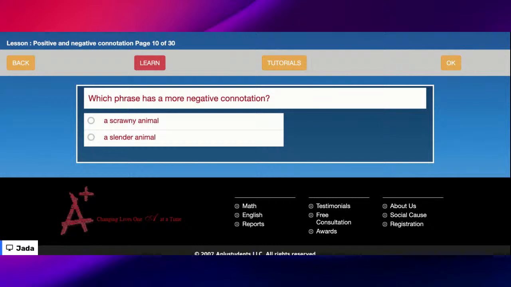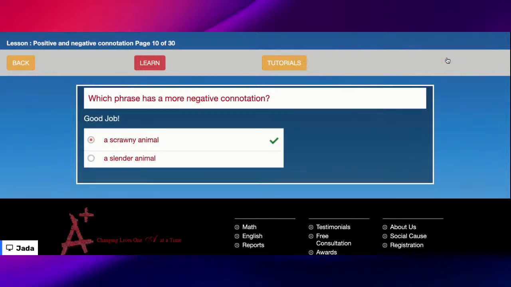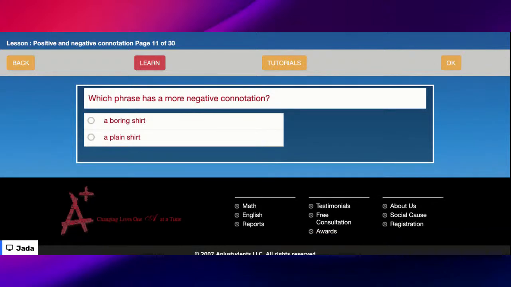So which is more negative, guys? Which one here? So one. Okay. Great.